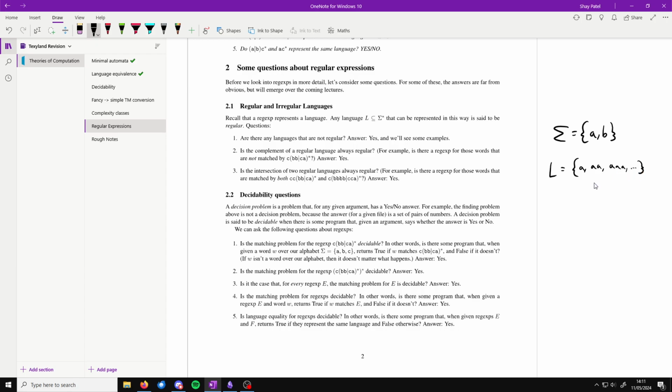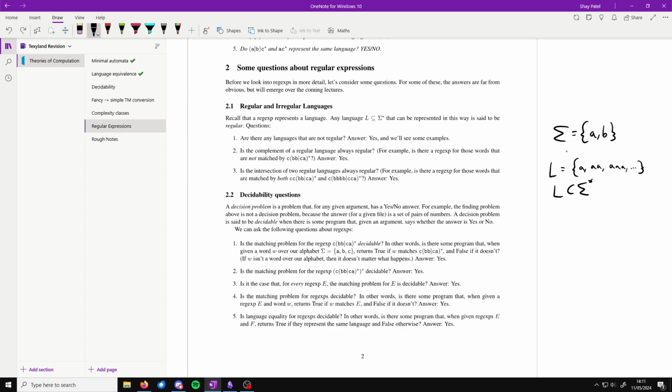So we might have a language where it's just A's. Any string that contains only A's is accepted by this language. And L is a subset of sigma star.